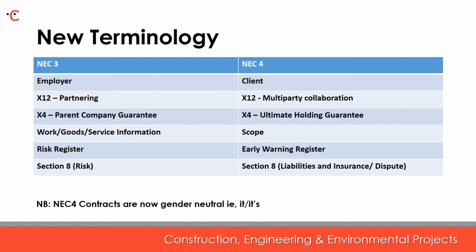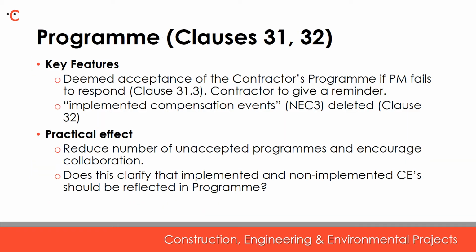Many users had complained to the NEC that they were confused by references to the risk register with other similar documents of similar name that the employer/client would ordinarily use. And finally, NEC4 contracts are now gender neutral in use of the term it or its as opposed to he or his, etc. The NEC say that this is a simple but important improvement.